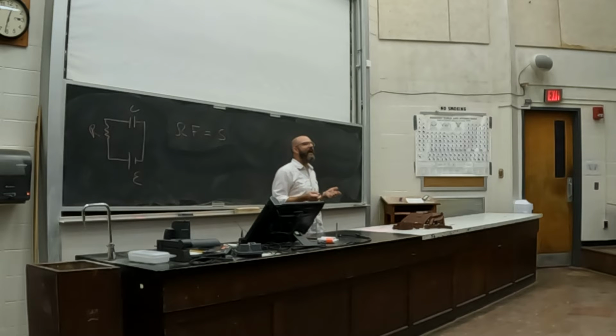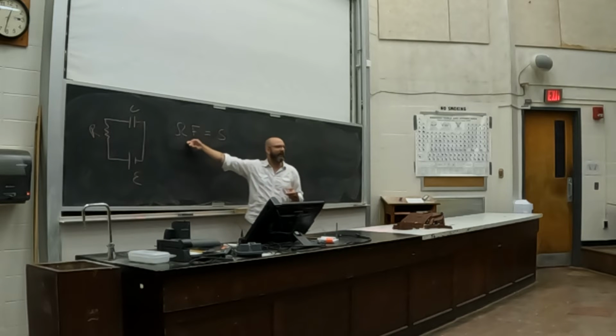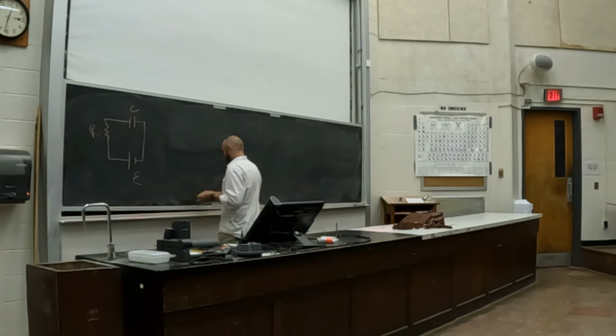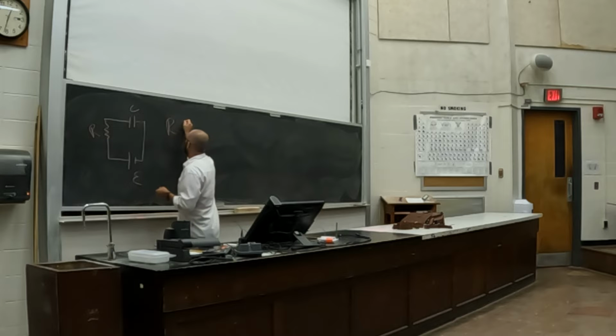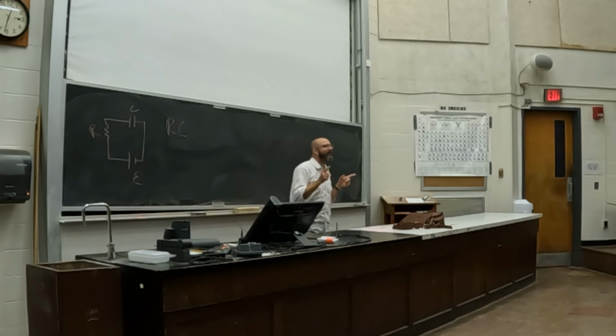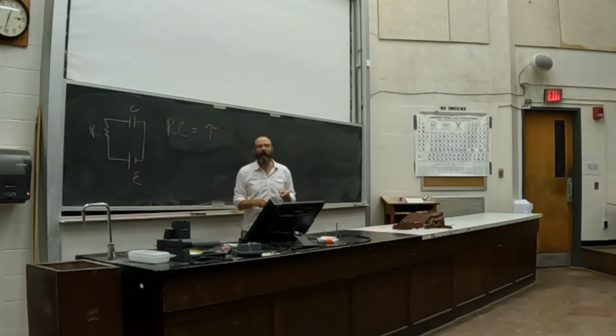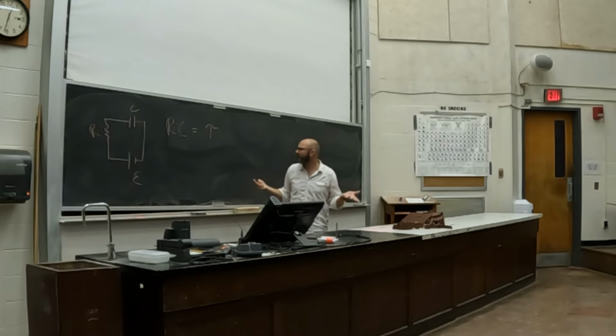So what we expect is that there to be some sort of time for this capacitor to charge. Some sort of time that we could use to characterize it. It turns out to be given here. The resistance of this circuit times the capacitance is equal to what we usually call tau, the Greek T, right?